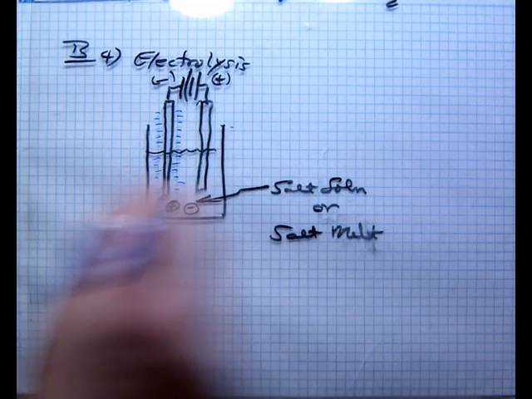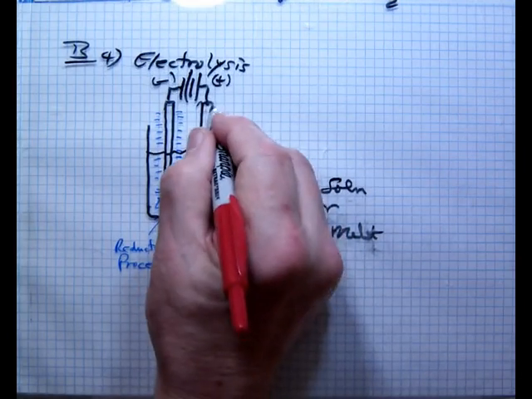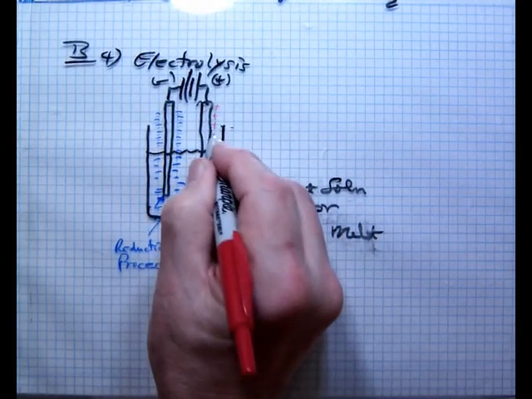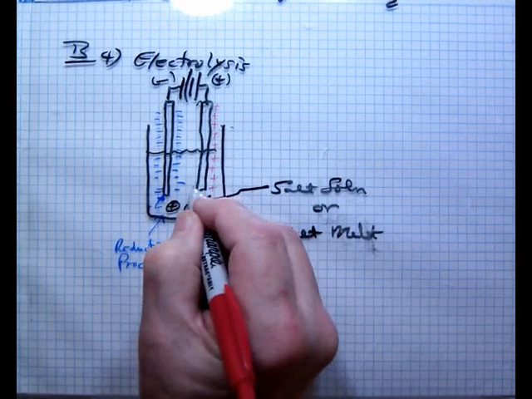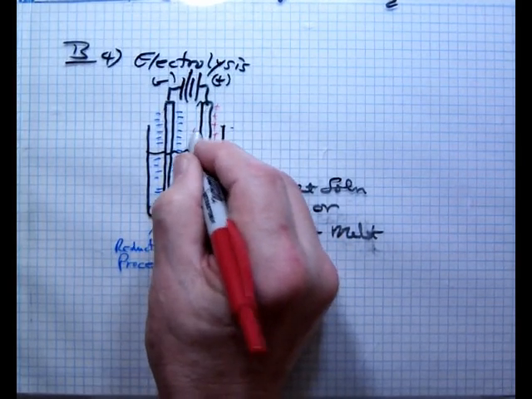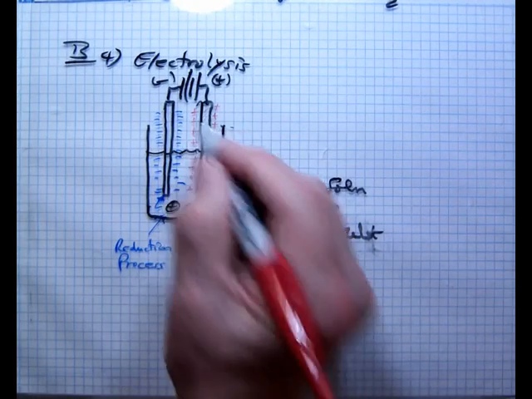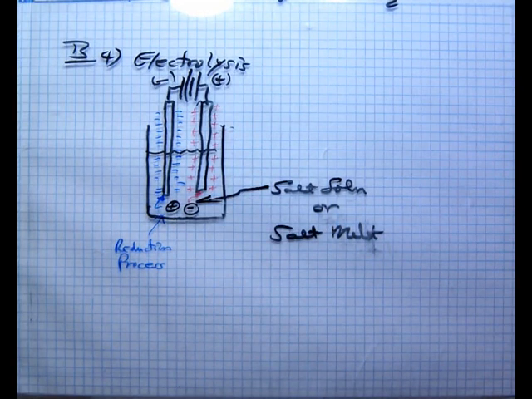The other electrode is a positive side of the battery. And of course will attract the negative ions.